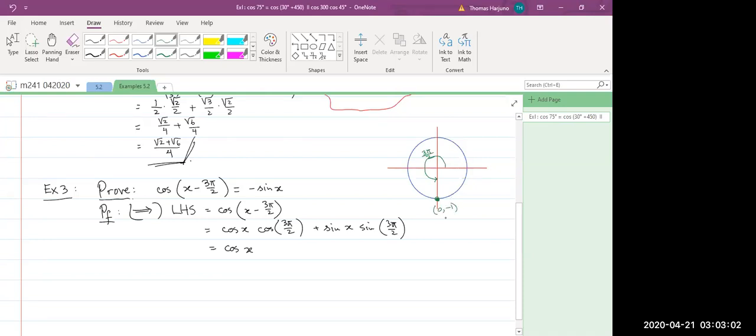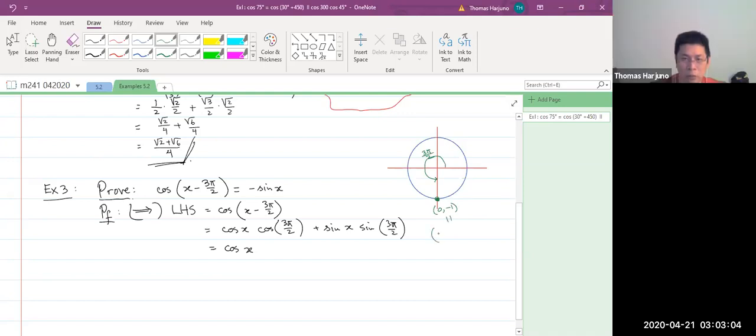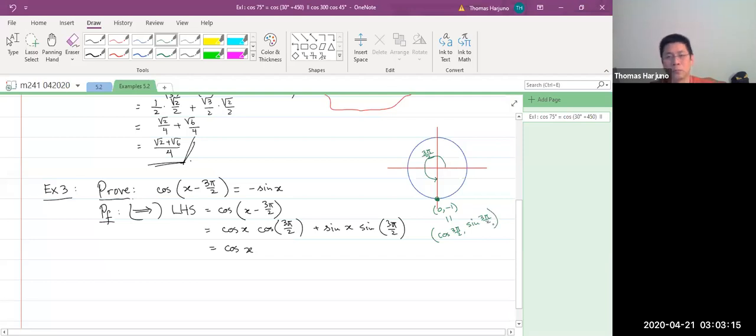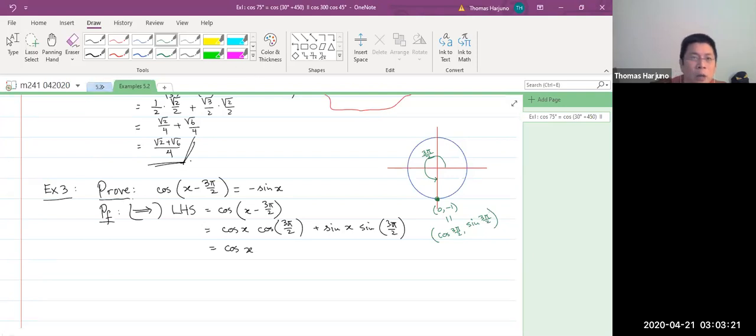But at the same time, we know this must be equal to cosine 3 pi over 2, sine 3 pi over 2. I wonder if you remember that. The same idea, let me go back.